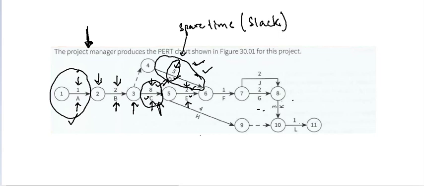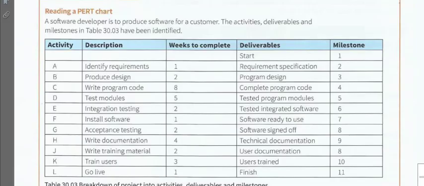We can also see here that activity H is taking place in parallel with activity E. Whilst we are doing our integration testing, we can also start working on activity H. Activity H is related to writing technical documentation about how the software works, about how different features in the software work.